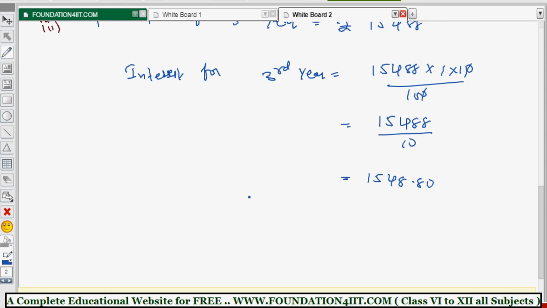Now total amount due to him at the end of the third year we can write. Therefore, total amount at the end of third year. That means the second year amount plus this interest. Okay, we can add both.